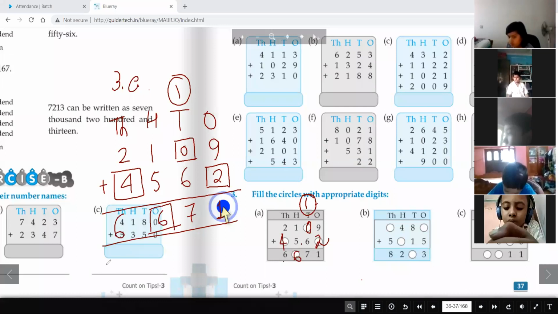Complete it. I will give each sum much time to complete, because this is a new concept in maths. So I will give you time.